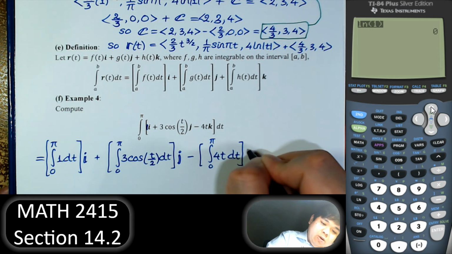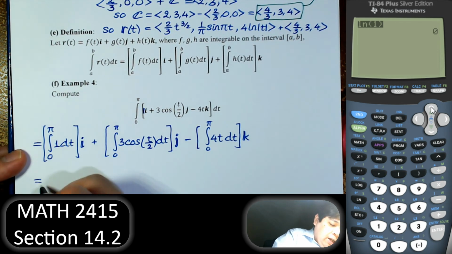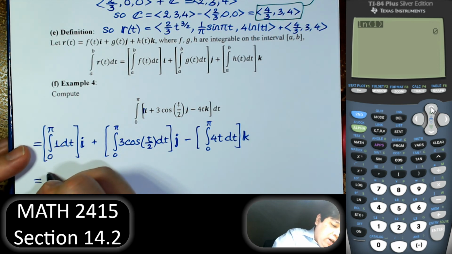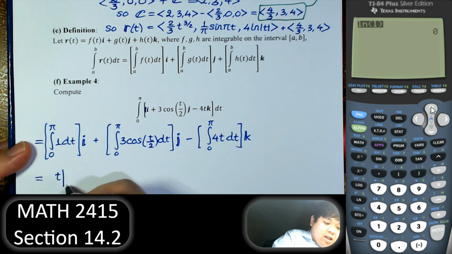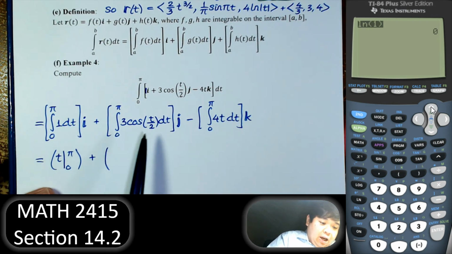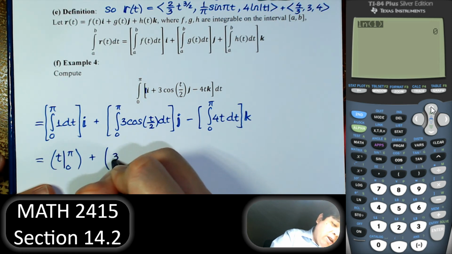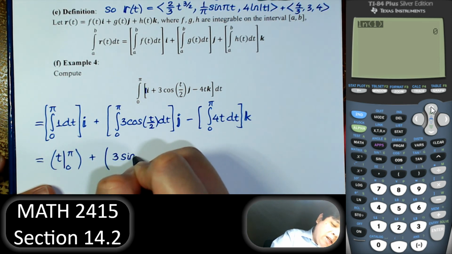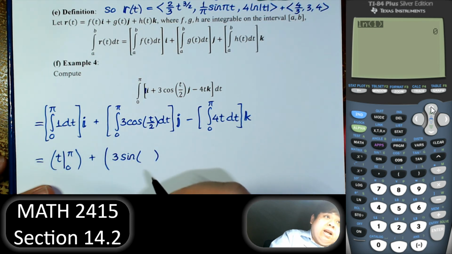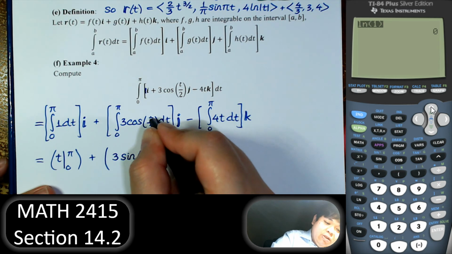That is the k component. Integral of 1 is t. That goes from 0 to pi. Integral of cosine is sine, right? So sine of the same thing, and then we divide by the coefficient of t, in this case 1/2.